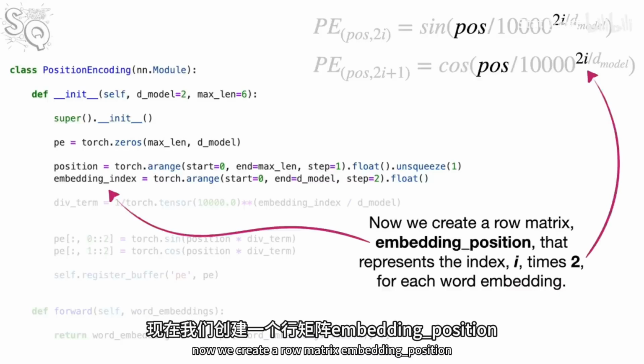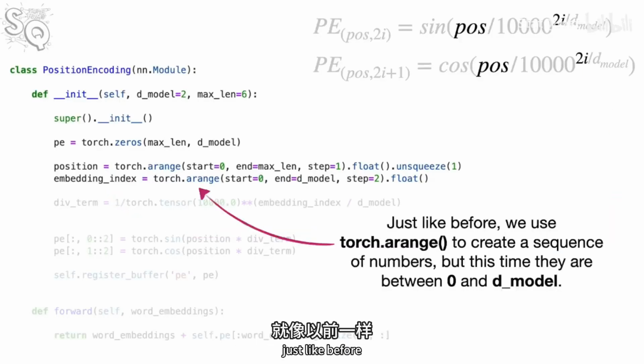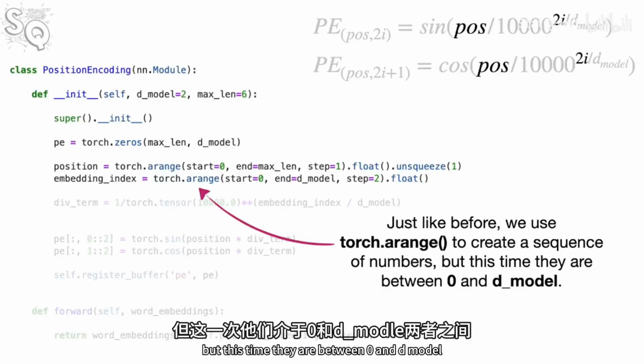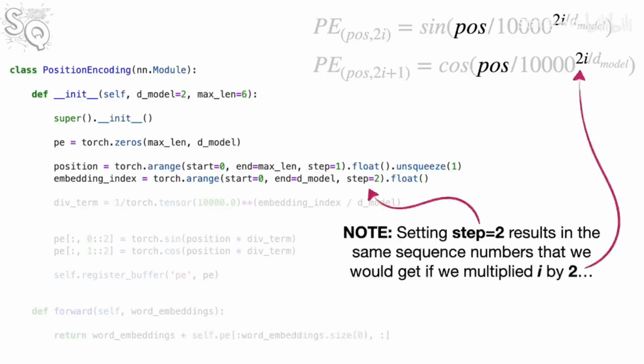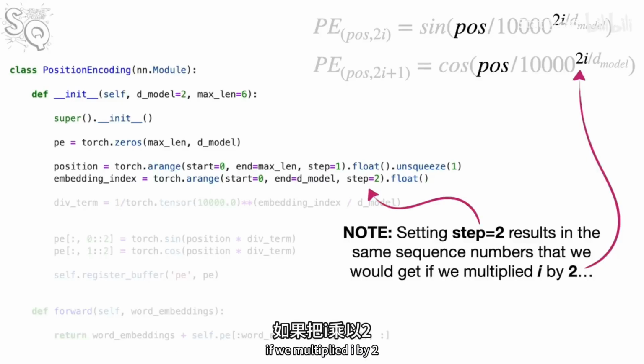Now we create a row matrix, embedding_index, that represents the index, i, times 2 for each word embedding. Just like before, we use torch.arange to create a sequence of numbers, but this time they are between 0 and d_model. Note, setting step equal to 2 results in the same sequence of numbers that we would get if we multiplied i by 2.